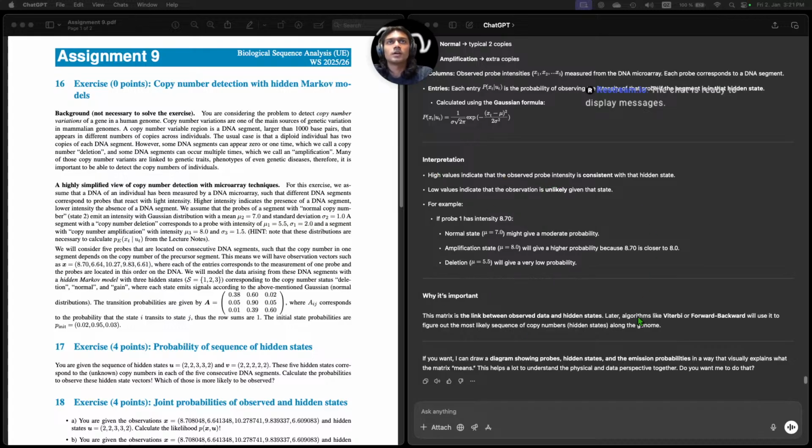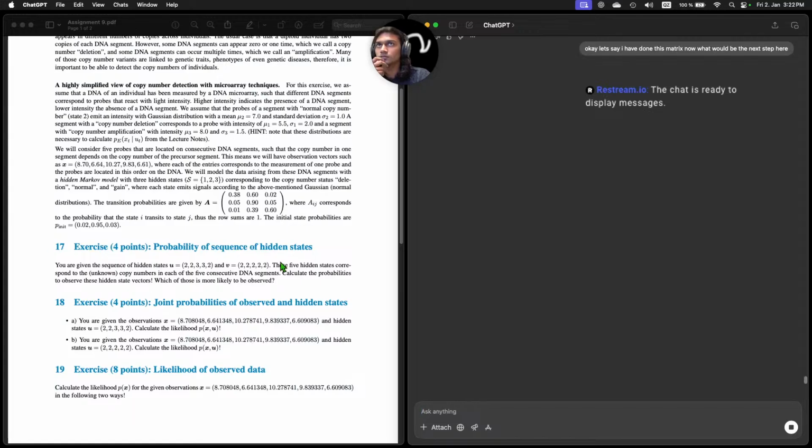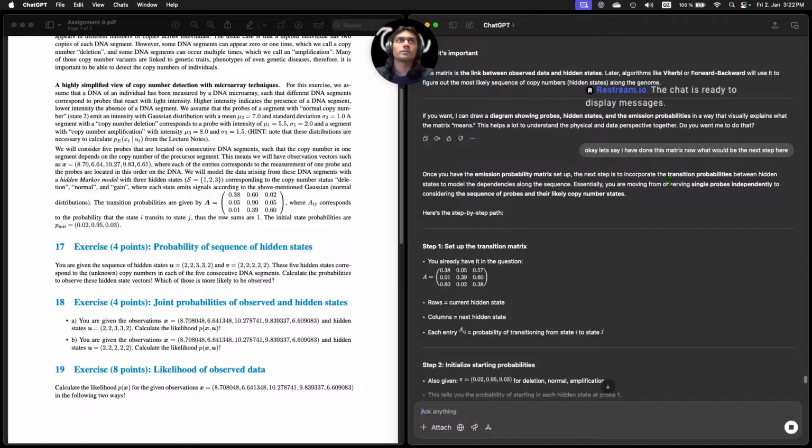High values in okay. So let's say I have done this matrix. Now what would be the next step here? Once you have the emission probability matrix set up, the next step is to incorporate the transition probability between hidden states to model the dependencies along the sequences.